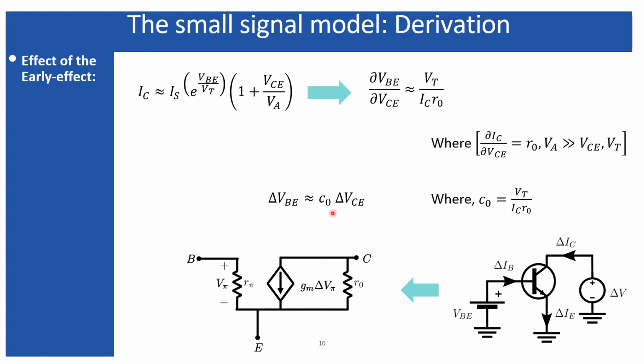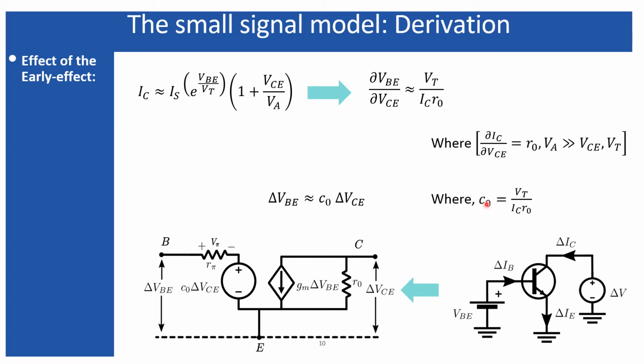So the differential change on the collector emitter side is reflected in the input side, modifying the base emitter voltage due to this factor, and that is the consequence of the early effect. Therefore, finally, on the base emitter side I have included this voltage source, because this is also a voltage, since C naught is a unitless factor.